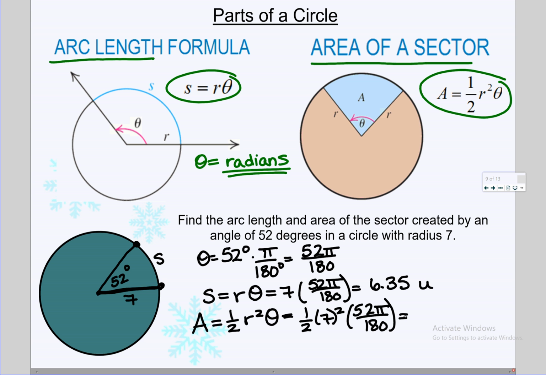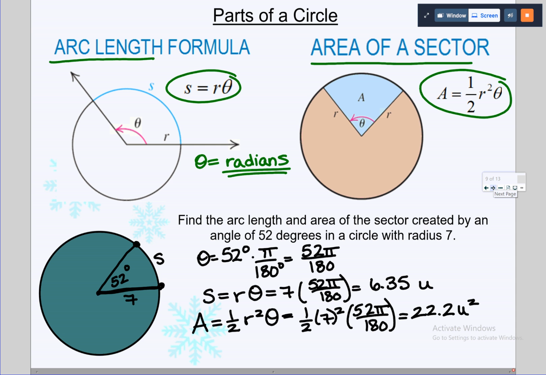Did I type that in right? Maybe I did. Do you get 22.2? Okay. I think I typed it in wrong third period and nobody called me out on it. Make sure, because it's an area, you label it units squared. Okay. Questions there? We okay? Good?